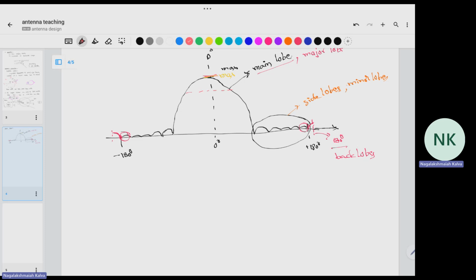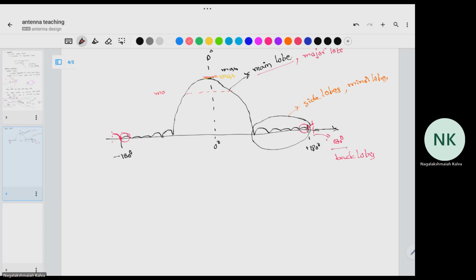Say suppose this is the maximum and max minus 3 dB, one term; max minus 0.5 times, or wherever you are getting 0.5 times the maximum value, or wherever you are getting 0.707 times.